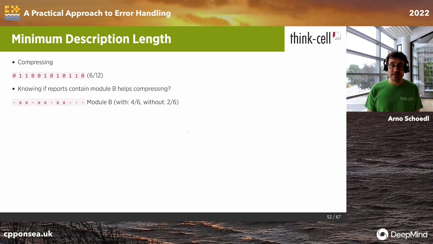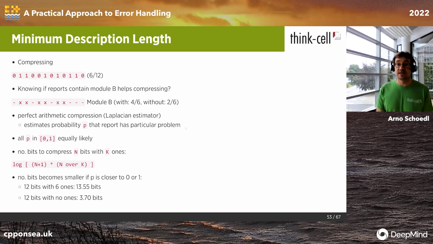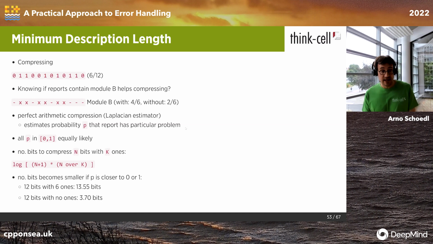And this prediction can be used to improve compression. If I'm a really good predictor of my data, then I can compress it better. Now, what we use for compression is arithmetic coding with the Laplacian estimator. It essentially estimates a probability p that a report has a particular problem.